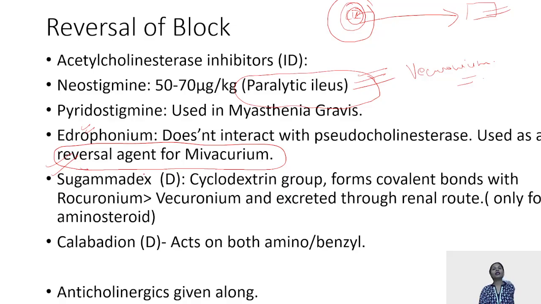Talking about the anticholinergic use in reversals. Neostigmine is known for its effects on the heart leading to bradycardia, that is, your muscarinic receptors are activated leading to bradycardia, for which neostigmine should always be given with glycopyrrolate, whereas hydrophonium is always given along with atropine.